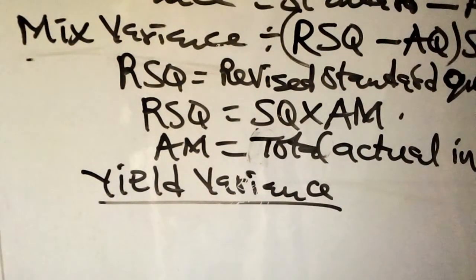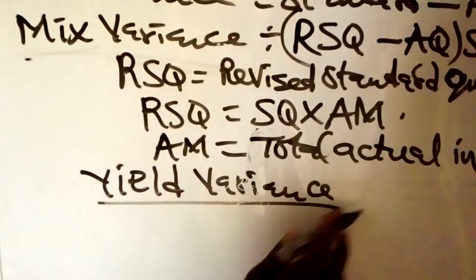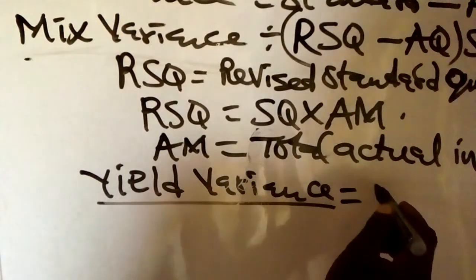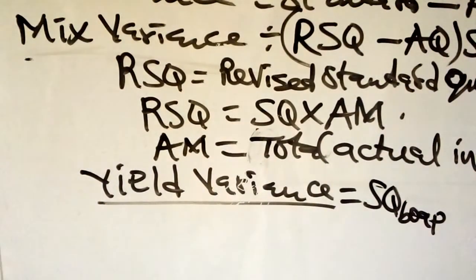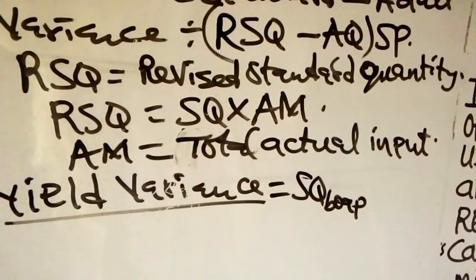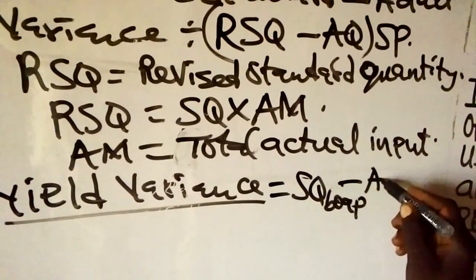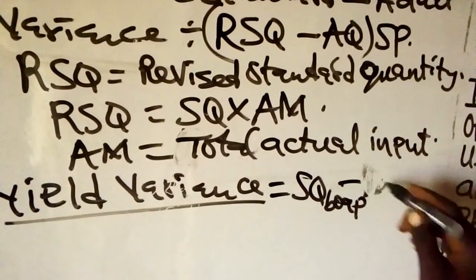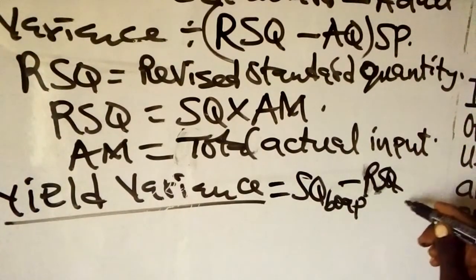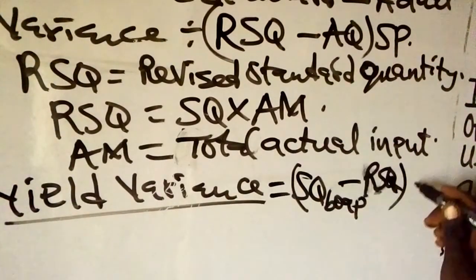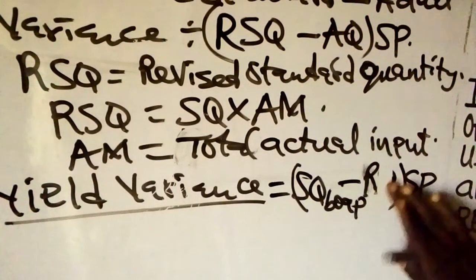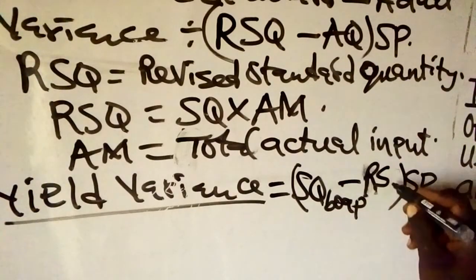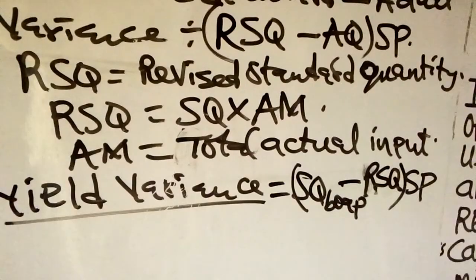Remember, variance is the difference between standard and actual. Therefore, yield variance will be equal to the difference between the standard quantity based on actual production and the revised standard quantity, multiplied by the standard price.